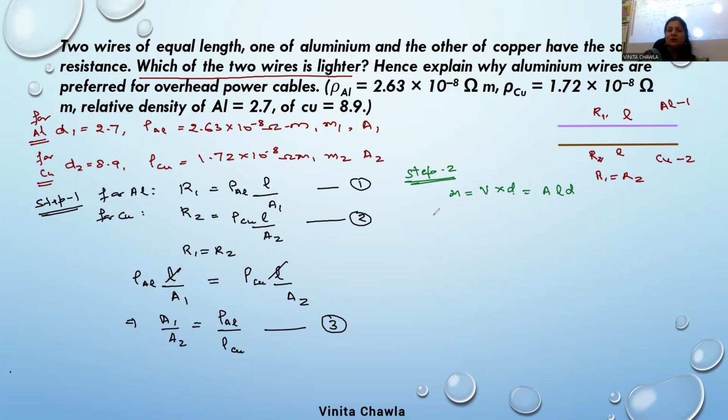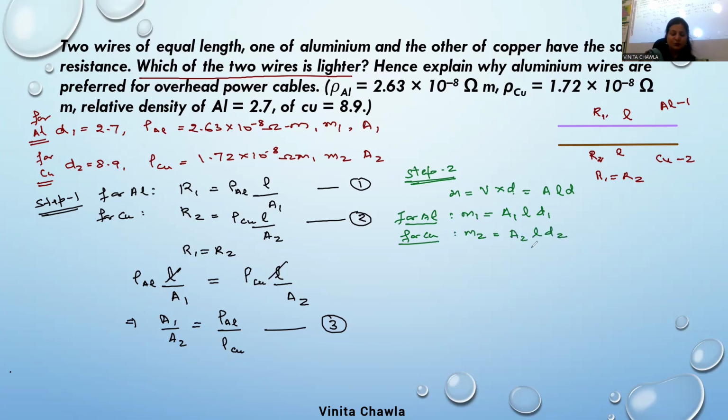So now we will write for aluminium, we'll write mass first. For aluminium, M1 is area of cross section of aluminium A1, length L, and density D1. Similarly, we can write for copper. M2 is equal to area of cross section A2, L, and D2.